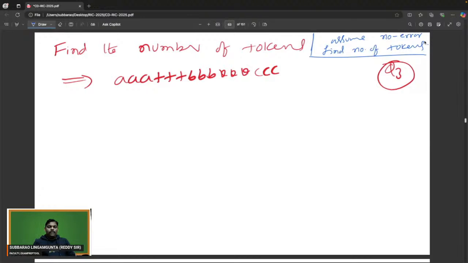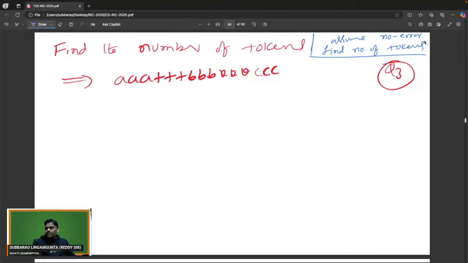Good evening everyone. Everyone can try this. How many tokens are there in this?